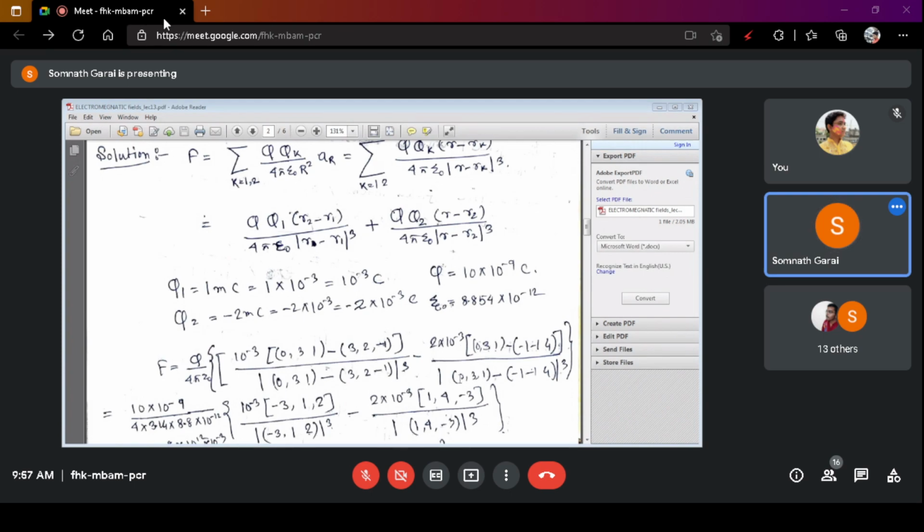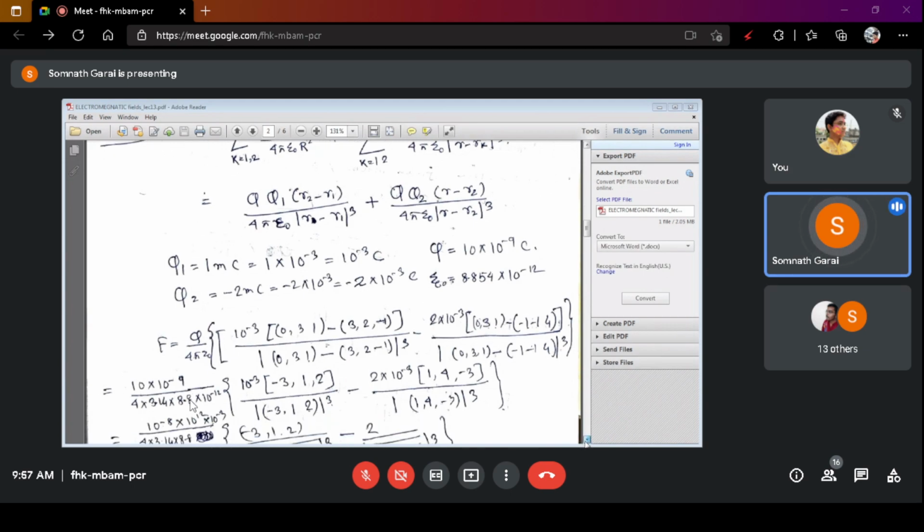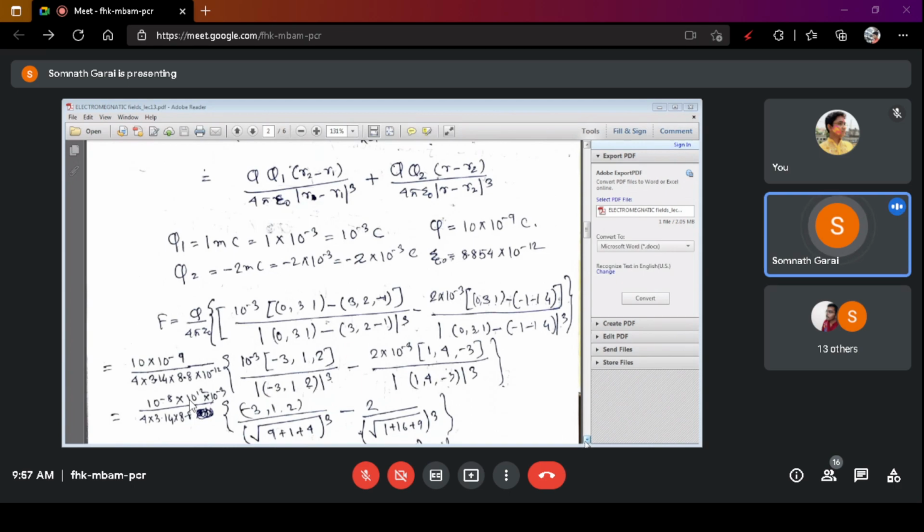That means 0, 3, 1 minus minus 1, minus 1, 4 to the power cube. Right? Okay.